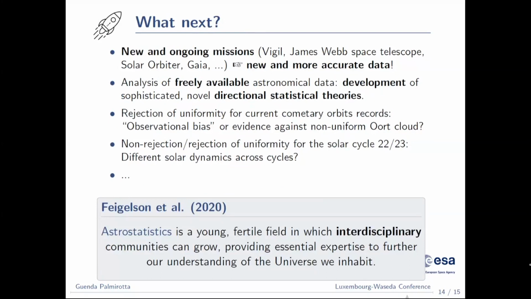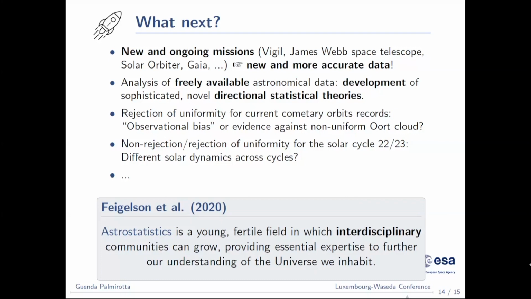Another very important thing, and also good news, is that we are getting more and more data. For example, I think you have all heard about the new space telescope, James Webb. We are getting really beautiful pictures and also data, but you have also Gaia, Solar Orbiter, and Visual. Visual is really a new one.